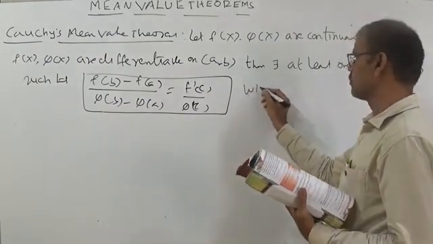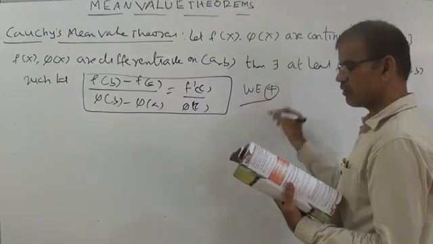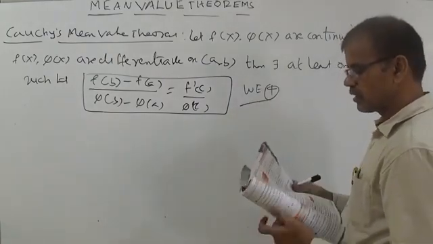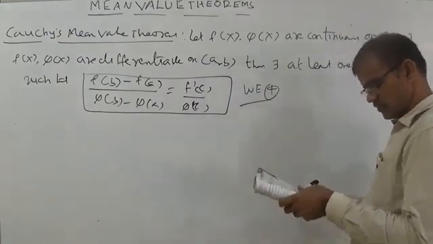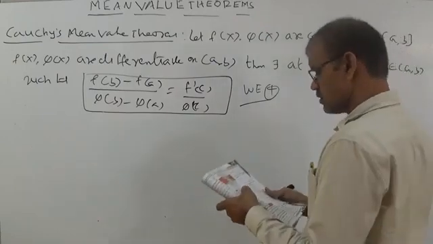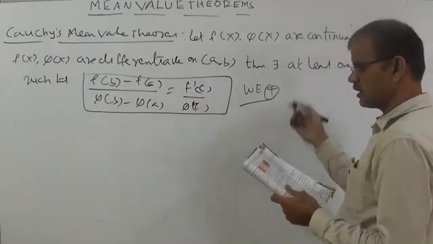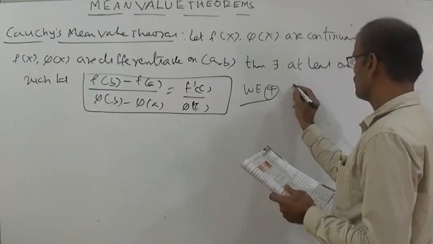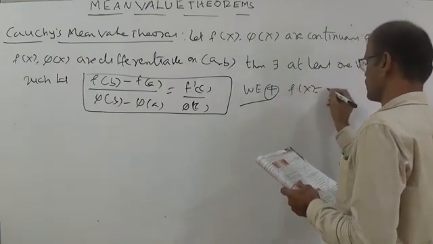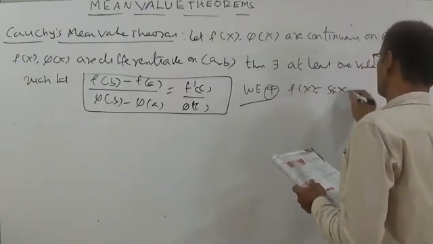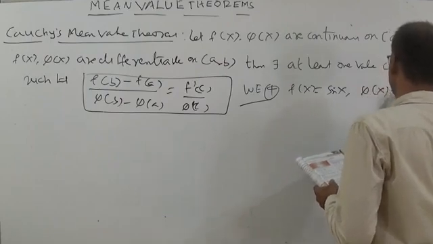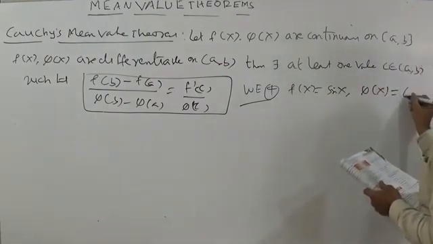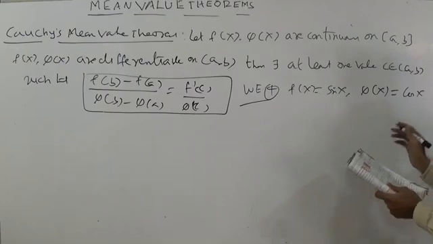Worked example 4 I am saying now. Given that the functions f of x and phi of x are two continuous functions in a comma b and differentiable, everything is given: f of x is equal to sin x and phi of x is equal to cos x in a comma b.